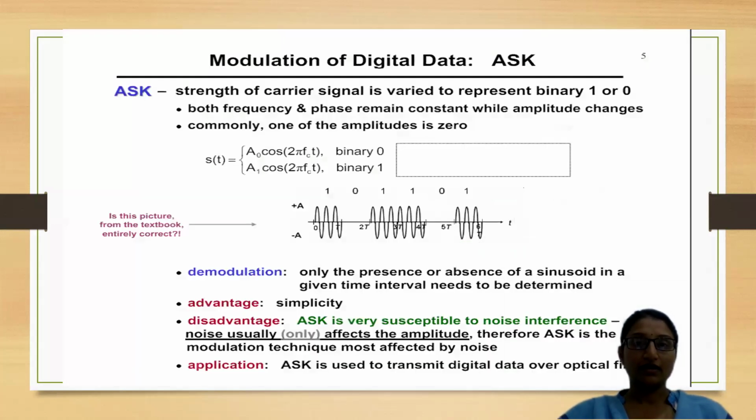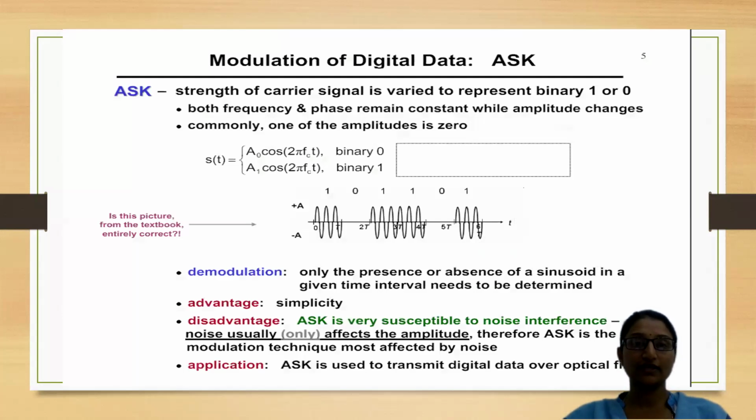Next, we will see how this ASK is defined in terms of expression. And let us also have a look about demodulation, advantages, disadvantages and applications of ASK. The strength of the signal is varied to represent binary 1 or 0.